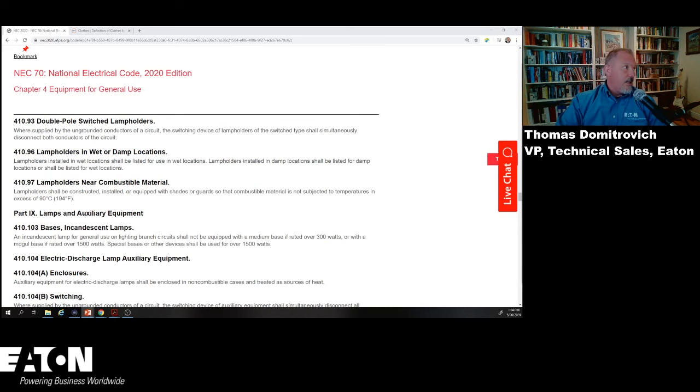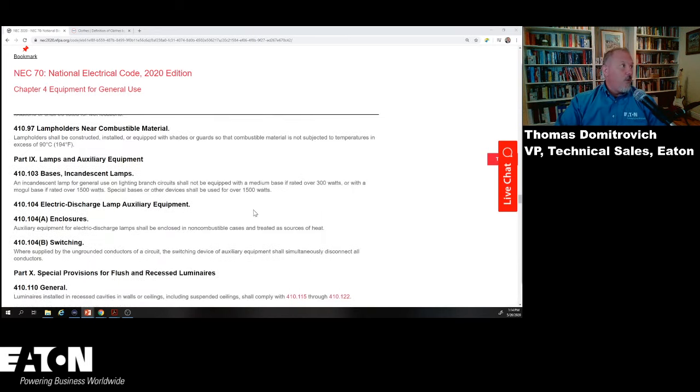In 410.97, 410.70, 410.23 are all areas, and 410.104, electric discharge lamp auxiliary equipment. Auxiliary equipment for electric discharge lamps shall be enclosed in noncombustible cases and treated as sources of heat. So I think what you're seeing is the bottom line is on a lot of this, you're going to be bouncing around the National Electrical Code to pick up all of those areas where you're going to have a requirement.